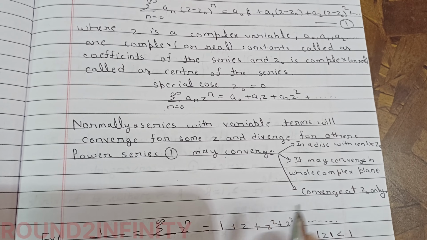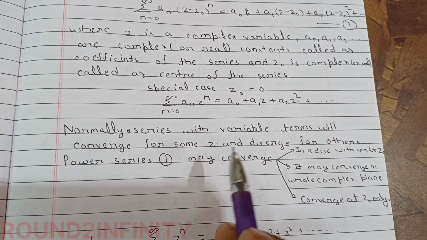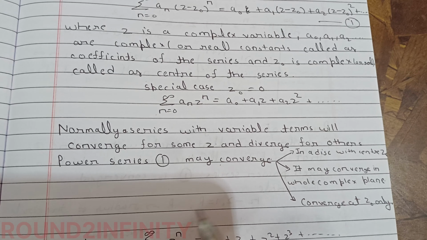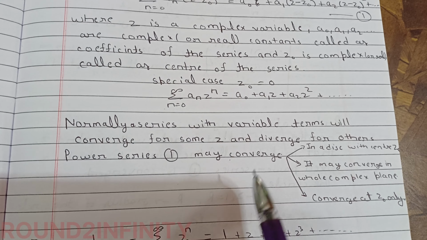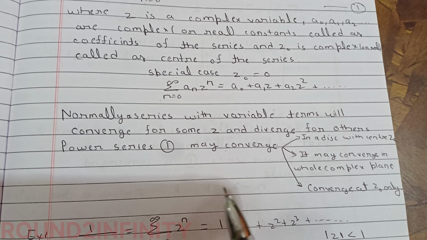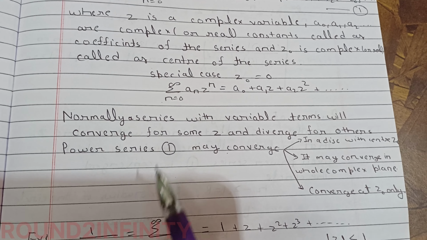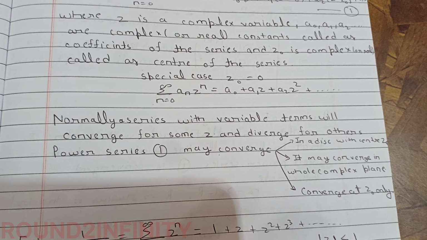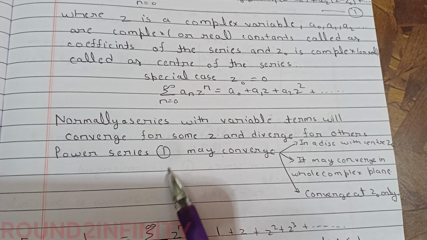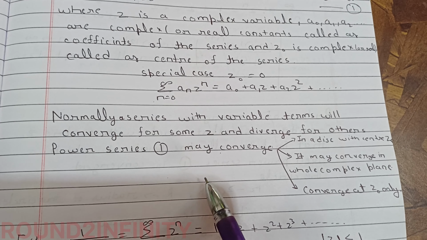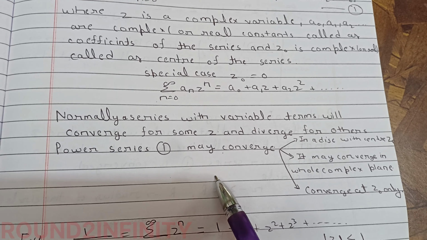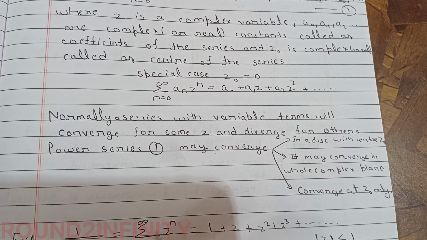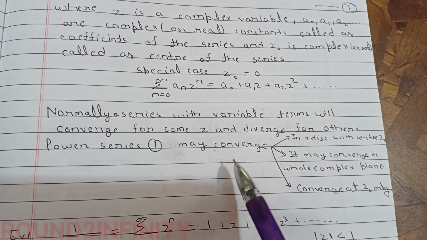Normally a series with variable terms will converge for some z and diverge for others. What is the meaning of convergence and divergence? If a series for particular values gives the same value as f(z) directly, we say the series converges to that point. If for some region of z the series converges, meaning it gives a single value, then we say it is convergent in that region.